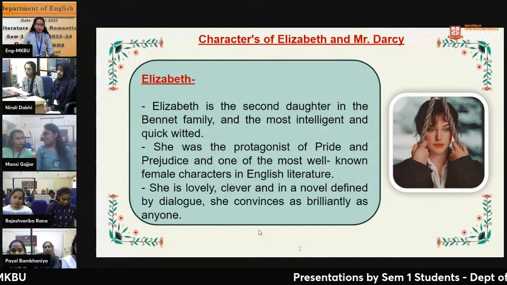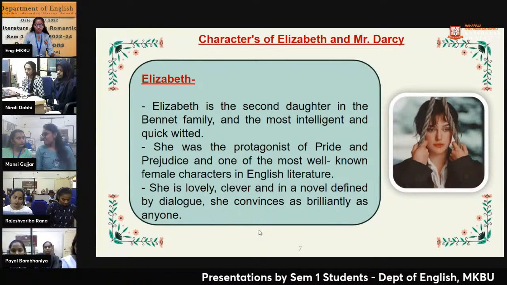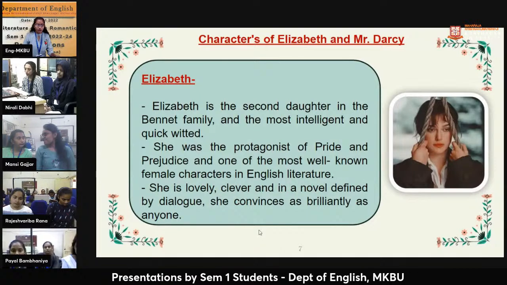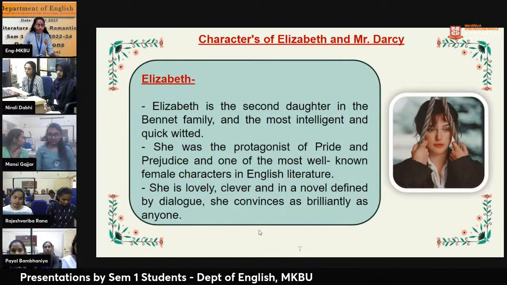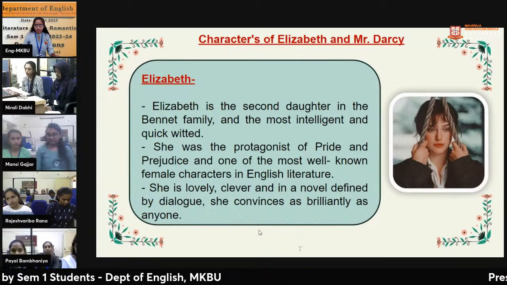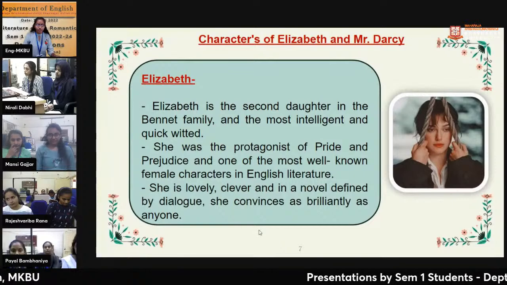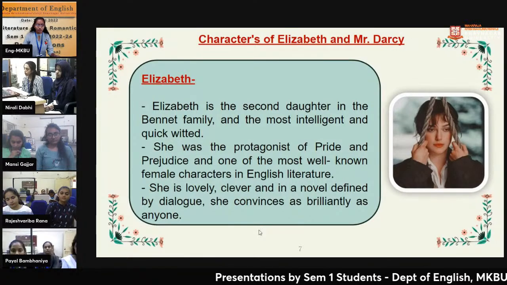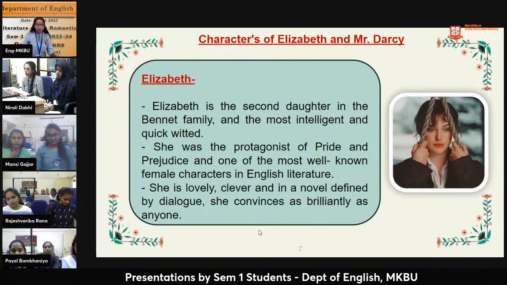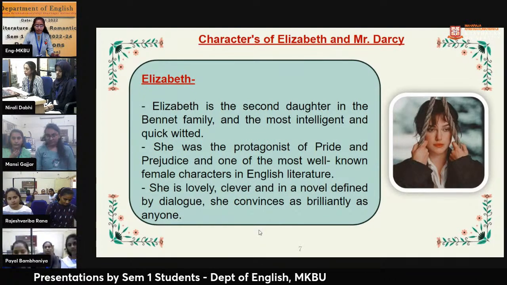She is lovely, clever, and in a novel defined by dialogue, she convinces as brilliantly as anyone. She is an important figure in this novel. She is very lovely, clever, and she knows how to deal with things.